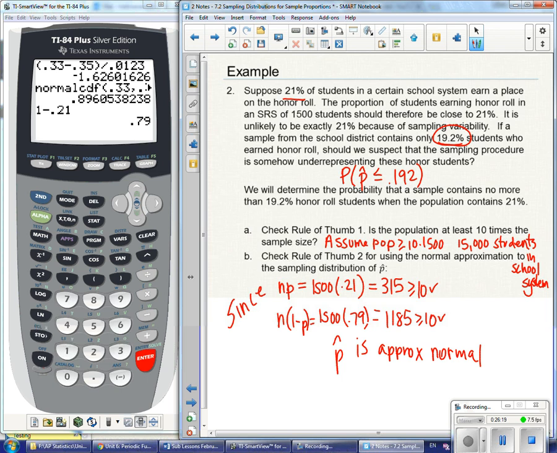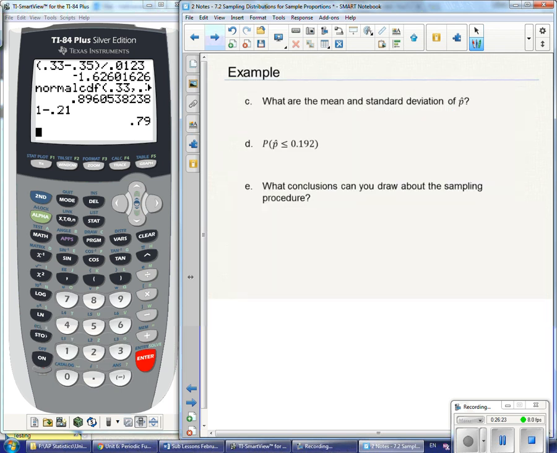Okay? The next thing it's going to ask you to do is to calculate the mean and the standard deviation for p hat. And remember, we said the mean of p hat is simply equivalent to the population parameter, which we were told is 21%. The standard deviation for p hat is going to be the square root of my p, 0.21, times my probability of failure, which we said is 0.79, over my sample size, which is 1500.